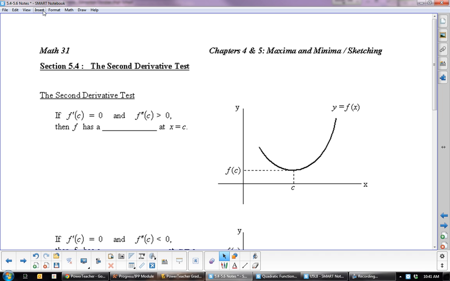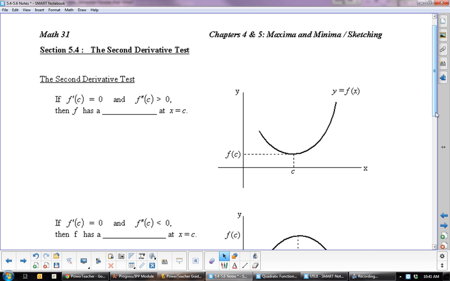Okay? So thinking about this, if you find f prime of c equals 0, obviously that's a critical value. Well, c would be the critical value, right? Now, if you put that critical value into the second derivative, and that was greater than 0, aka a positive, that means it's concave up at that point.